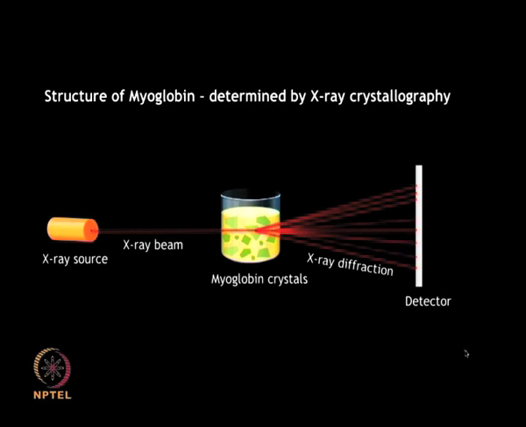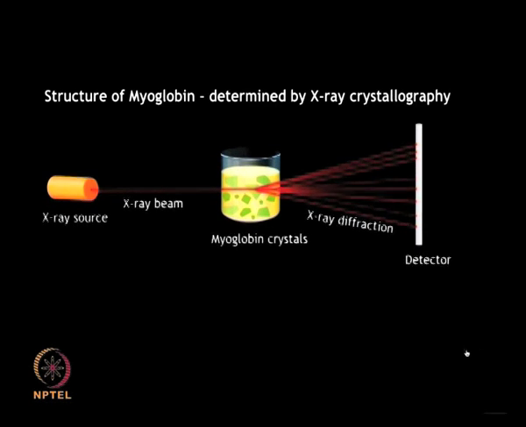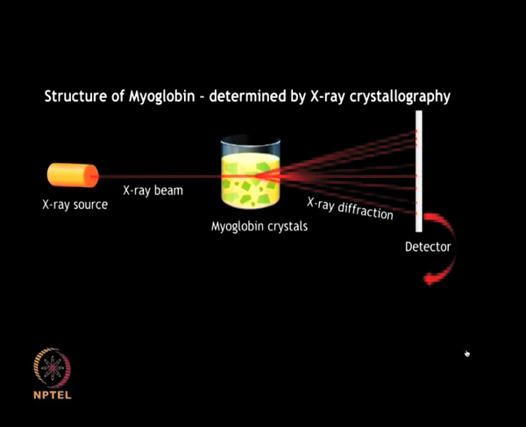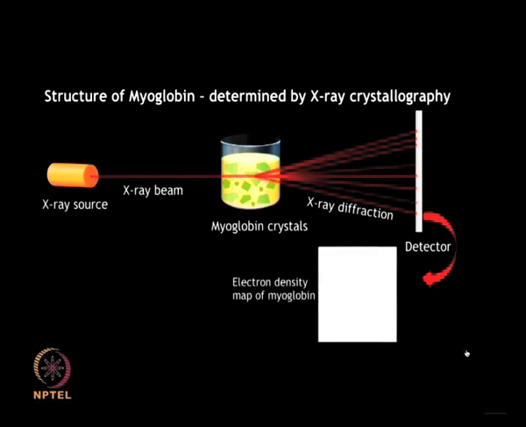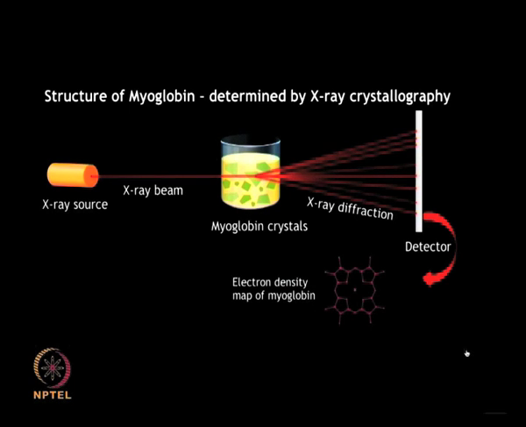These scattered beams were detected by means of an X-ray film. After the spot intensity calculations, it provided an electron density map of the protein.